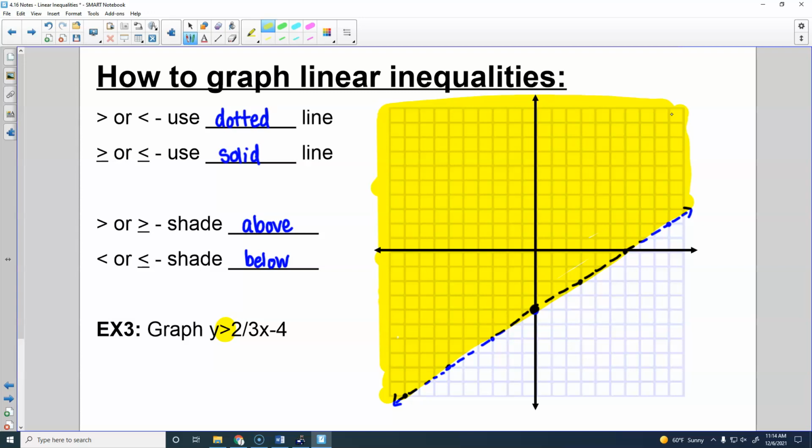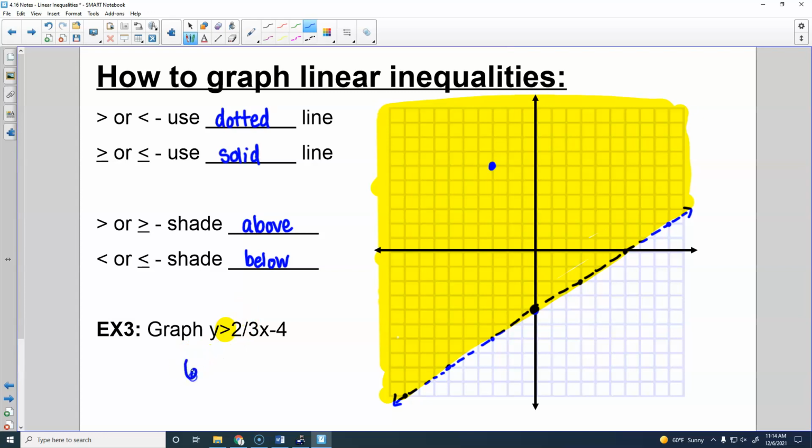Okay, questions? Right, so for example, if you asked me if negative 3, 6 was a solution, negative 3, 6 is in my shaded region, so I know it's a solution. I don't even have to plug it in.